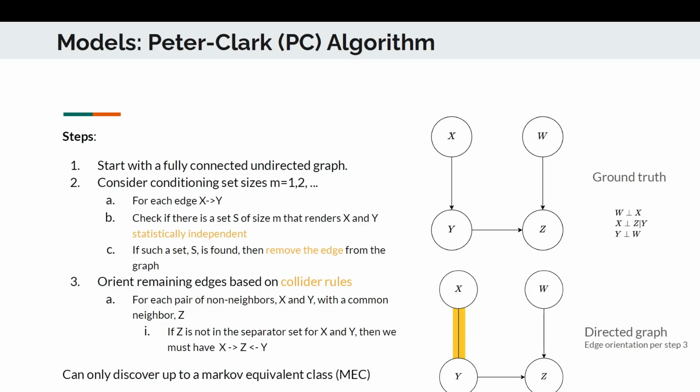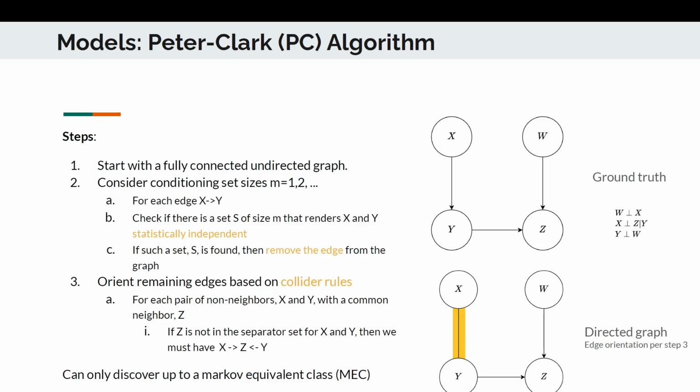That is, for each pair of non-neighbors, let's call them x and y, which share a common neighbor z: if z is not in the separator set for x and y, that means z is a collider, which gives us two directed edges in this case, x to z and y to z. So now, we are able to discover a causal graph using a causal discovery algorithm.